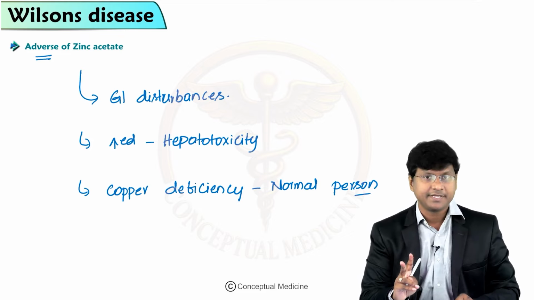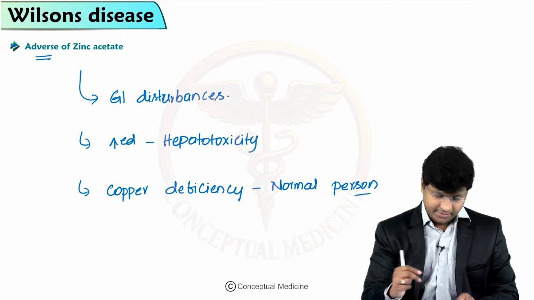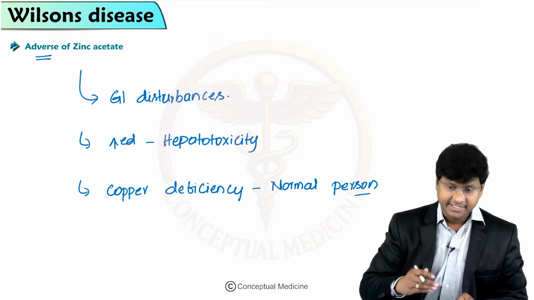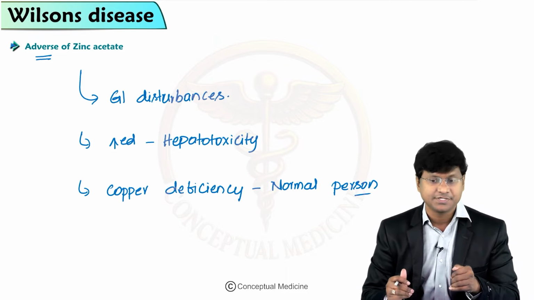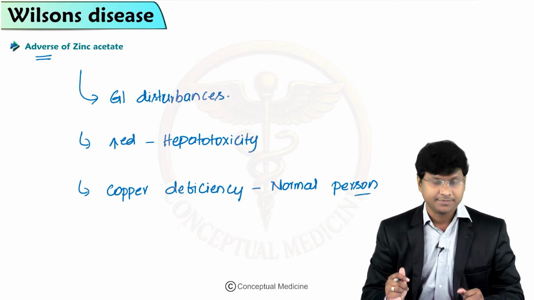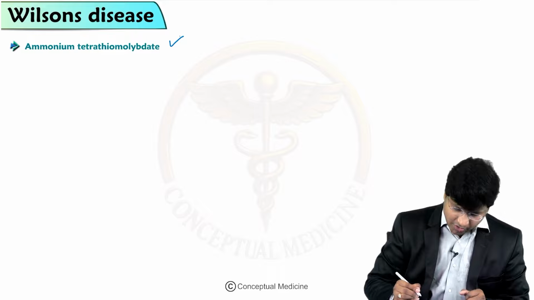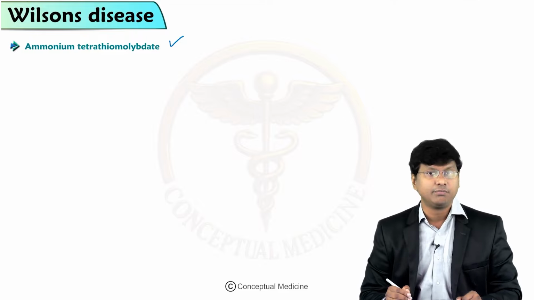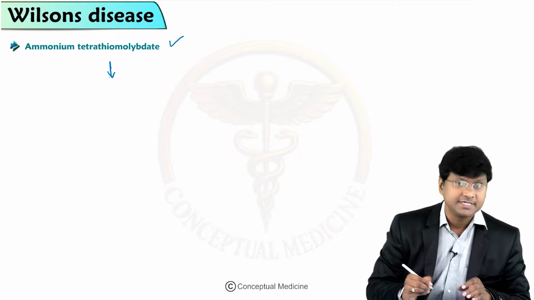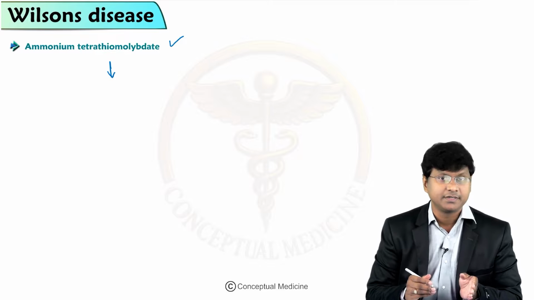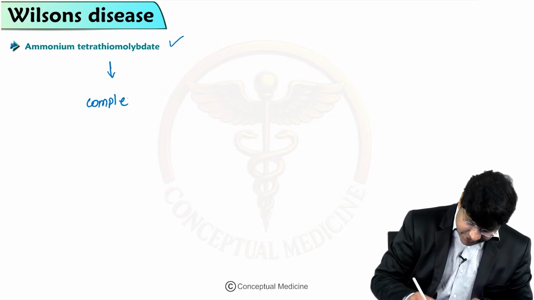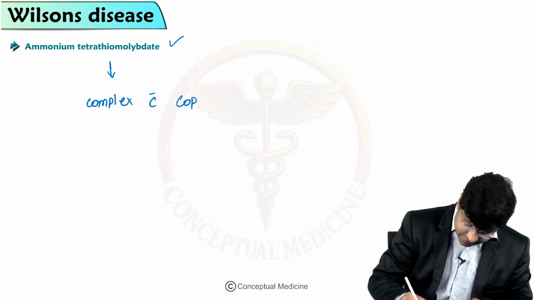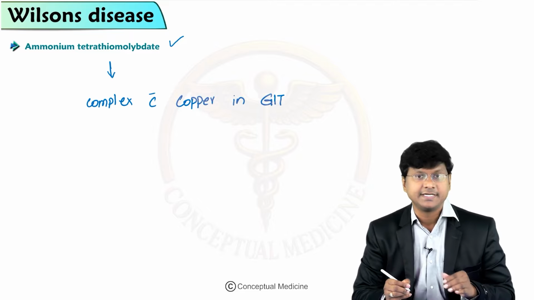Now we have discussed two types of agents: the copper chelating agents, D-penicillamine and trientine, and the zinc formulations, which reduce gastrointestinal absorption and increase fecal excretion of copper. And we have one more substance called ammonium tetrathiomolybdate. This substance complexes copper in the intestinal tract. It forms a complex with copper in the gastrointestinal tract.